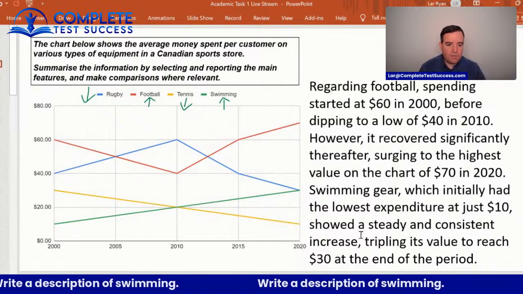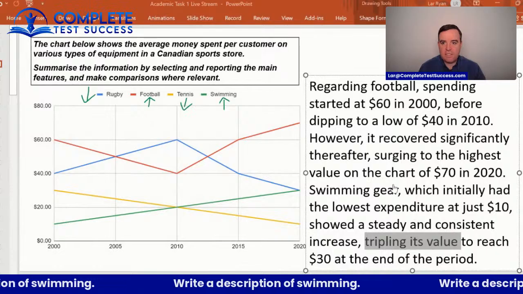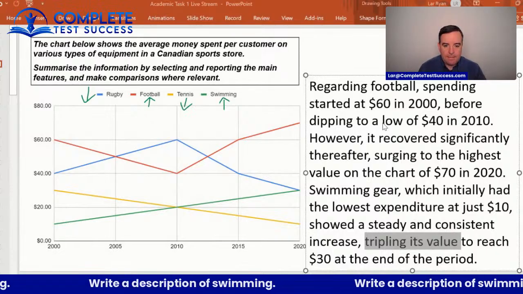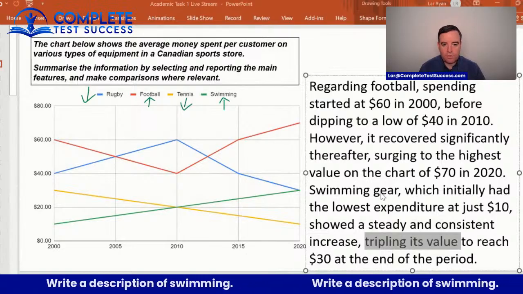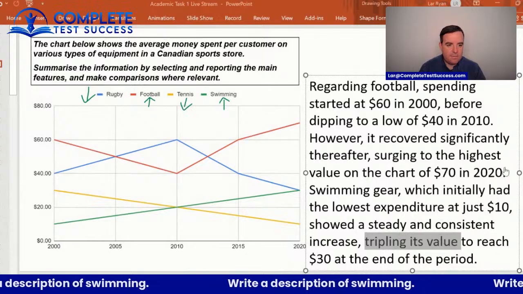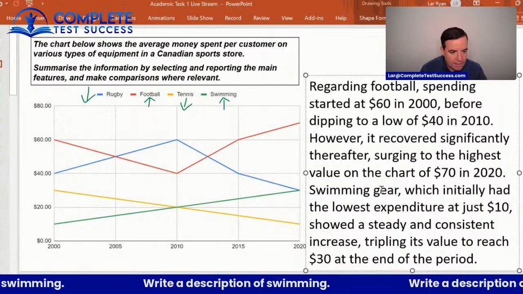Normally there's no need for something like that, tripling its value. It's not a strict requirement or necessity for a good score, but in this situation it's good to add that extra little detail to avoid ending up with a short answer.